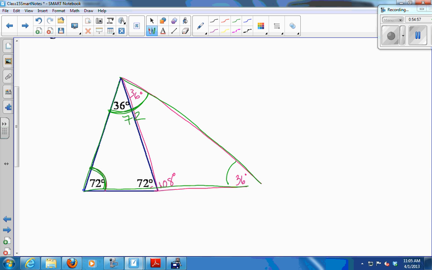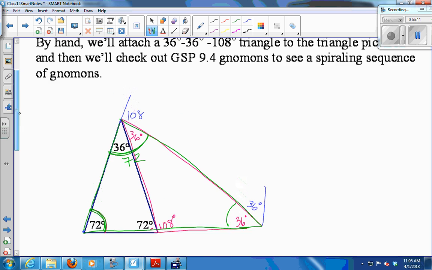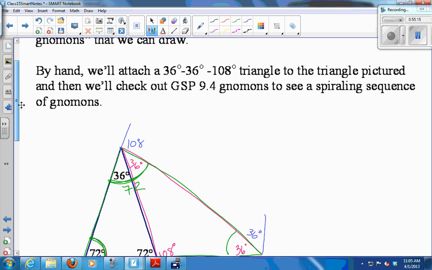Let's do these two up top. I'm going to copy this one over here. And then this would be 108. I'm going to extend these two blue lines until they touch, which is going to be pretty far away.